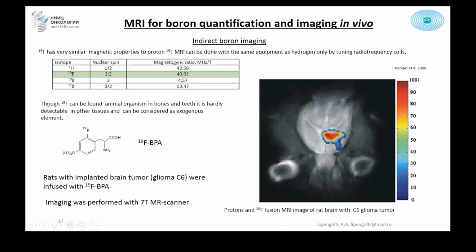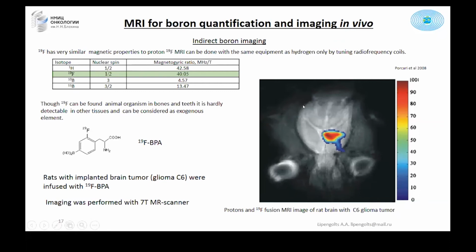So it can be used as a marker for BNCT. It has very similar magnetic properties to hydrogen, and this isotope can be imaged with the same equipment as hydrogen.